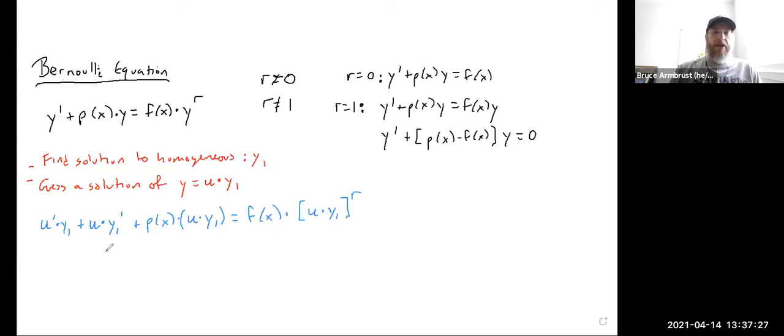You'll see why in a second. So this is going to be u prime y1 plus u times y1 prime plus p of x times y1, again equals f of x times, let me actually just do this, let's write it as u to the r, y1 to the r.